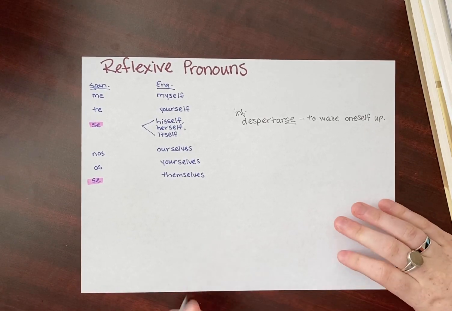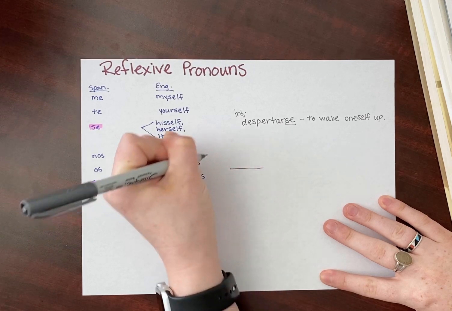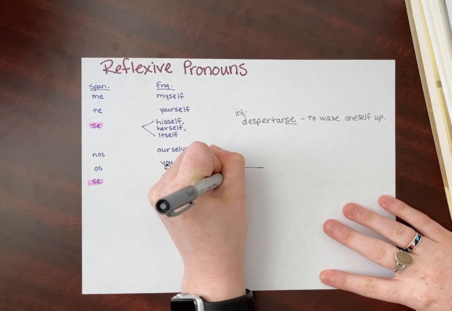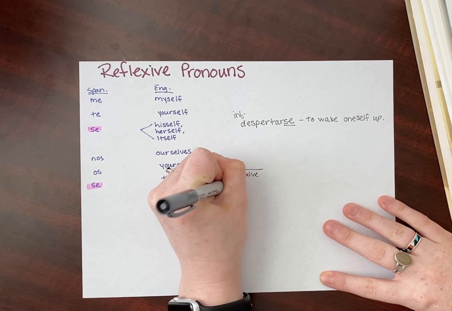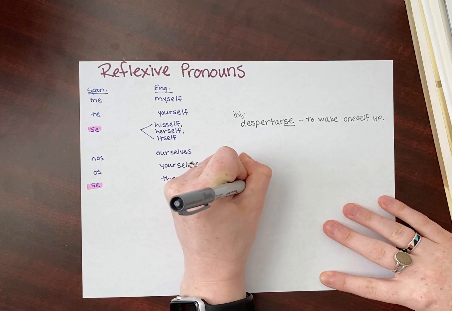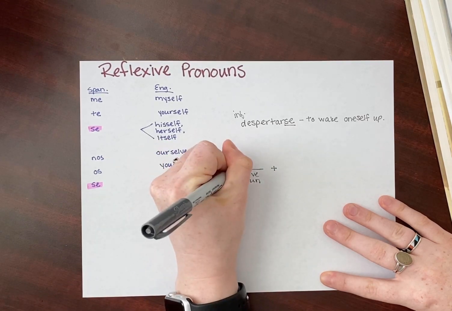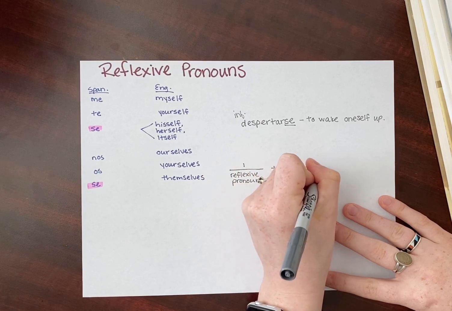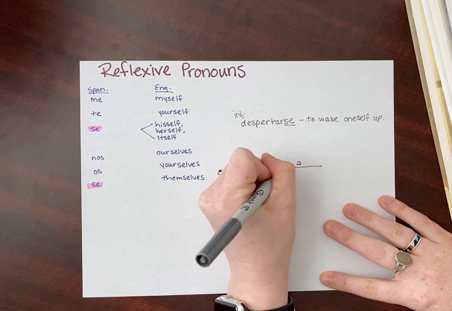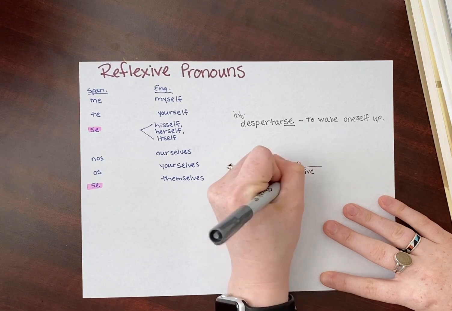So what we're going to do is we're going to take the reflexive pronoun and we're going to put it before number 1 plus number 2, which is the reflexive verb.